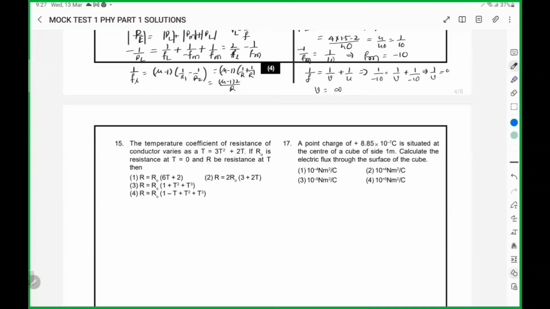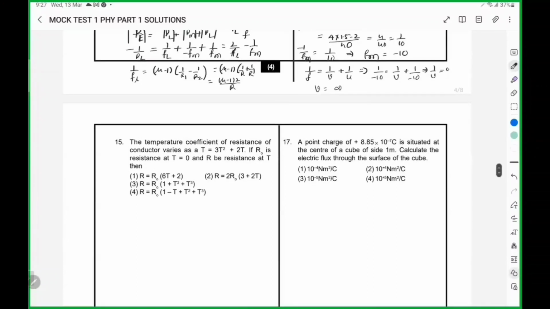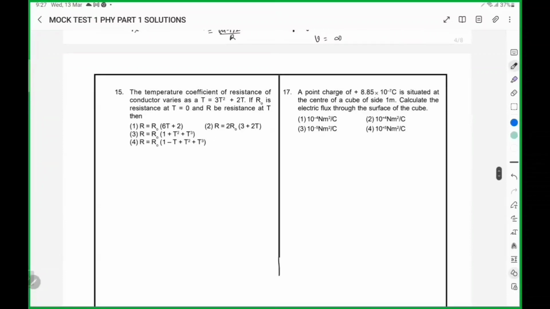The temperature coefficient of resistance: here the temperature varies, it is not a constant. So how does resistance change with respect to temperature? R2 is R1 into 1 plus the temperature coefficient of resistance into delta T. Initially, he told R naught.